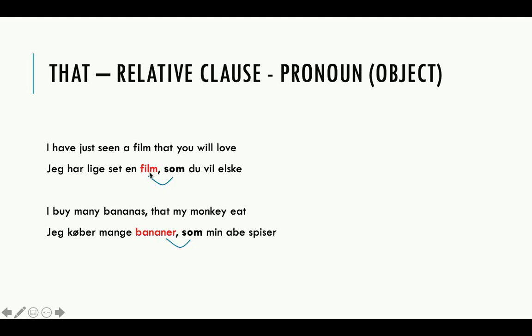But the movie here is in the subordinate phrase som, because som refers back to the movie. Therefore, som is the object of this phrase. Du vil elske. What will you love? You will love this movie. And som is the movie. So here that translates into som. Jeg har lige set en film, som du vil elske.